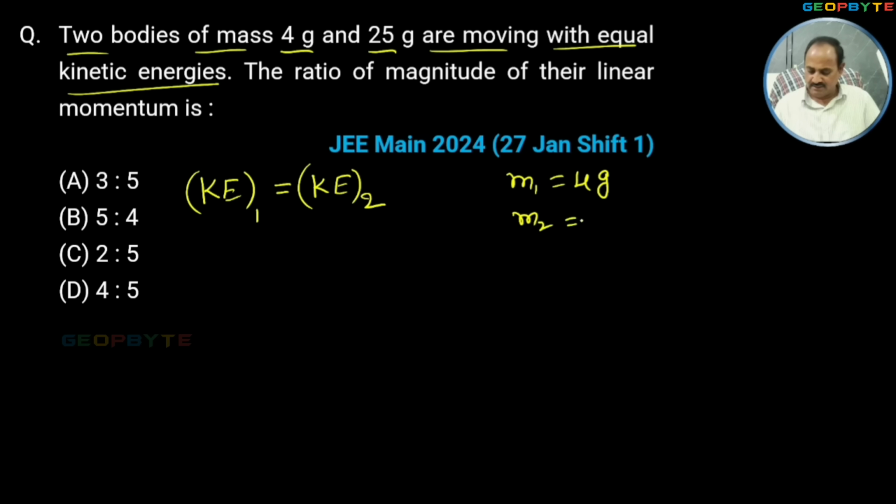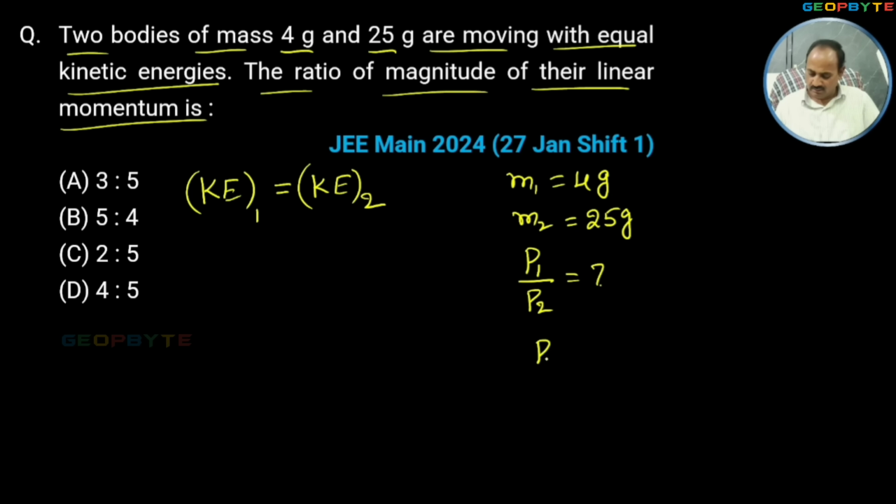Mass of body 2 is given as 25 grams. The ratio of the magnitude of their linear momentum, that means linear momentum of the first one divided by linear momentum of the second one, or P1 is to P2, is how much?